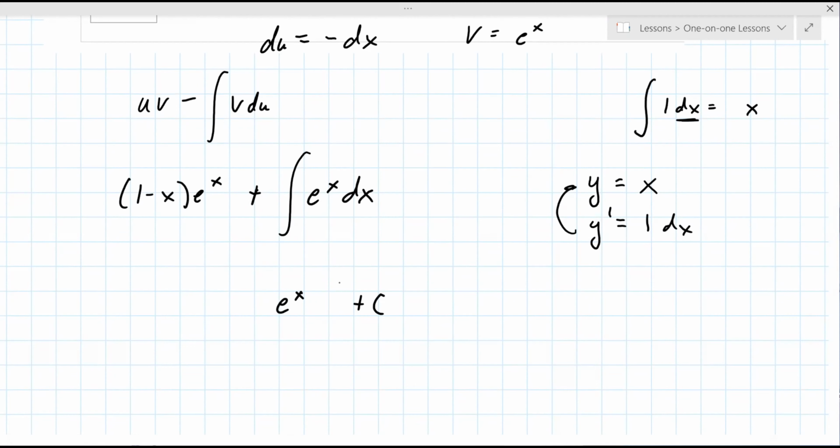Negative 1 dx. Sorry, I guess I got sidetracked here. So it's just like that. Okay, got it.